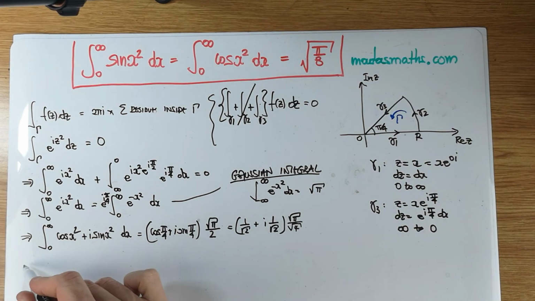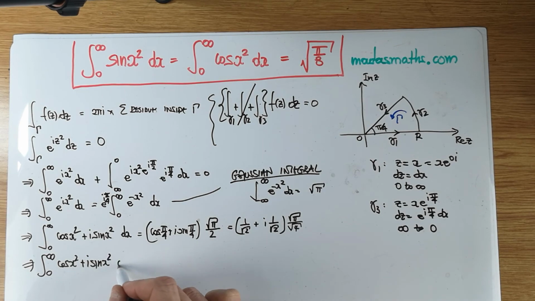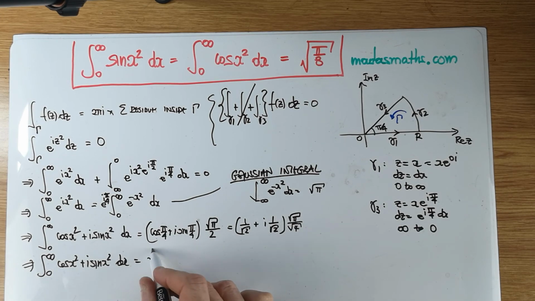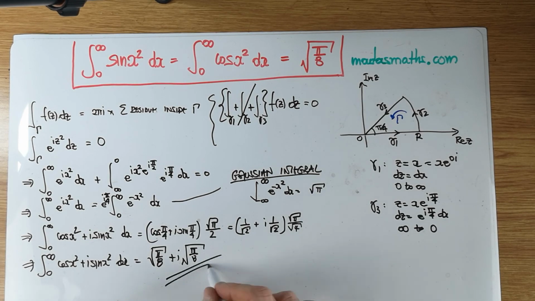Therefore the final answer for this particular one, the integral from 0 to infinity of cos of x squared plus i sine of x squared dx is going to be equal to square root of pi over 8 plus i square root of pi over 8, as required.